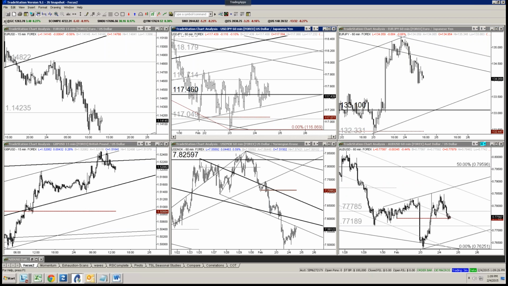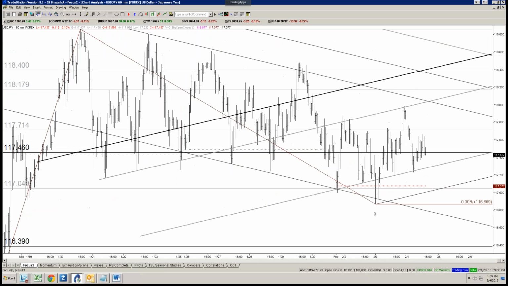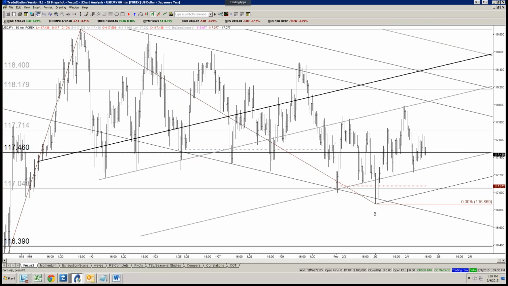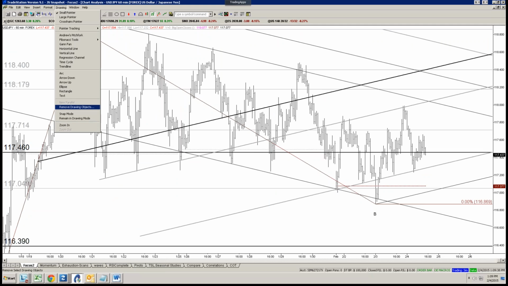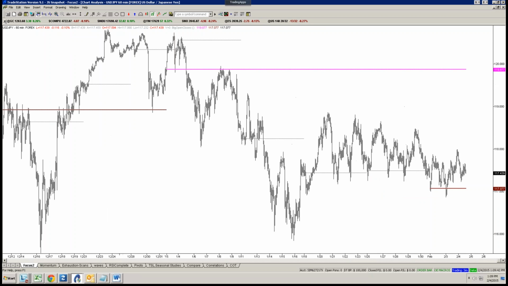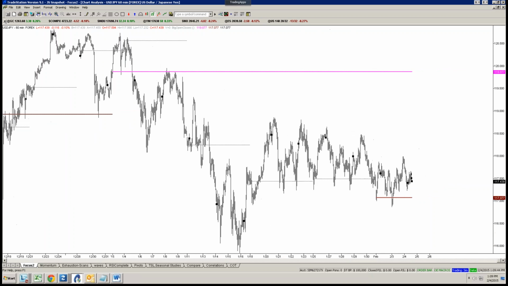Obviously, it begs the question, why don't we look at dollar-yen? I put out a chart with dollar-yen today, right? Dollar-yen's been extremely quiet.